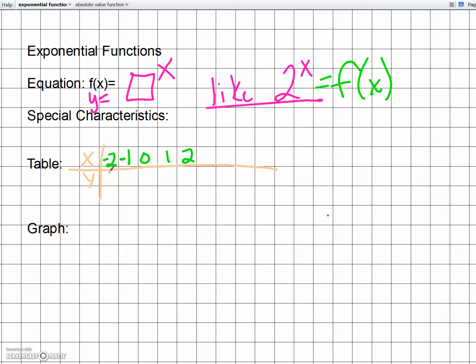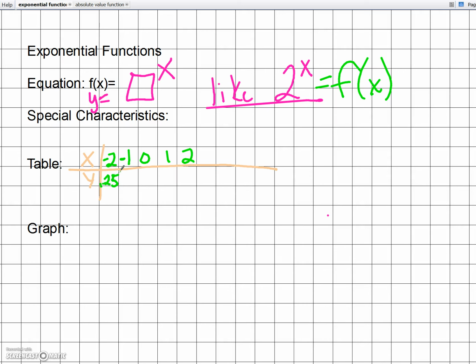So, using the calculator, I will let you use the calculator on this one. We're going to go 2 to the, and this is when you would use that little caret thing, to the -2 power is 0.25.